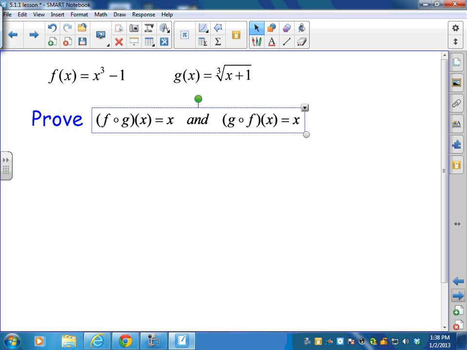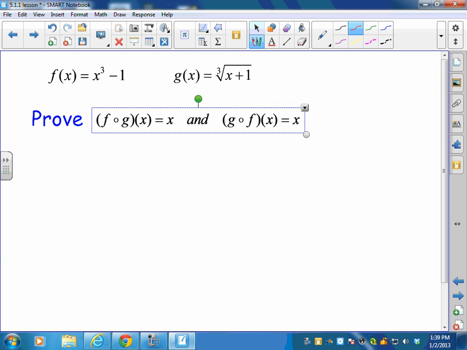Okay, so we have these 2 functions here: f of x is x cubed minus 1, and g of x is the cube root of x plus 1. So how do we prove this? We want to prove that f of g of x equals x and g of f of x equals x.